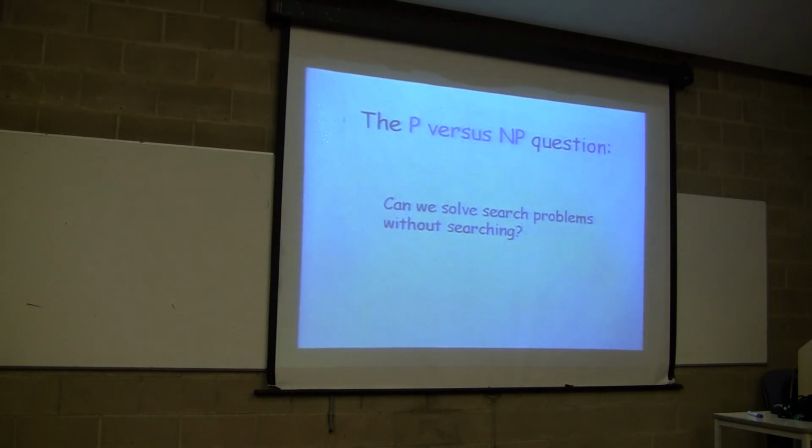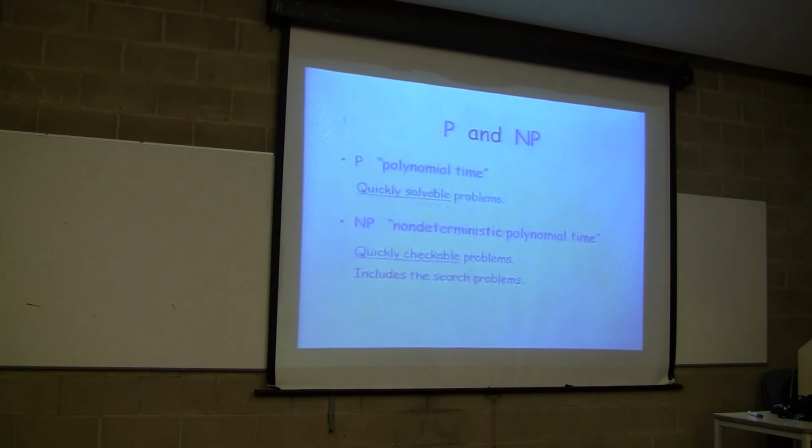Okay, I'll say more about that in a second, but let me first explain where the terminology P versus NP comes from. It comes from these two classes of problems called P and NP. P stands for the problems that you can solve quickly, the so-called polynomial time problems.